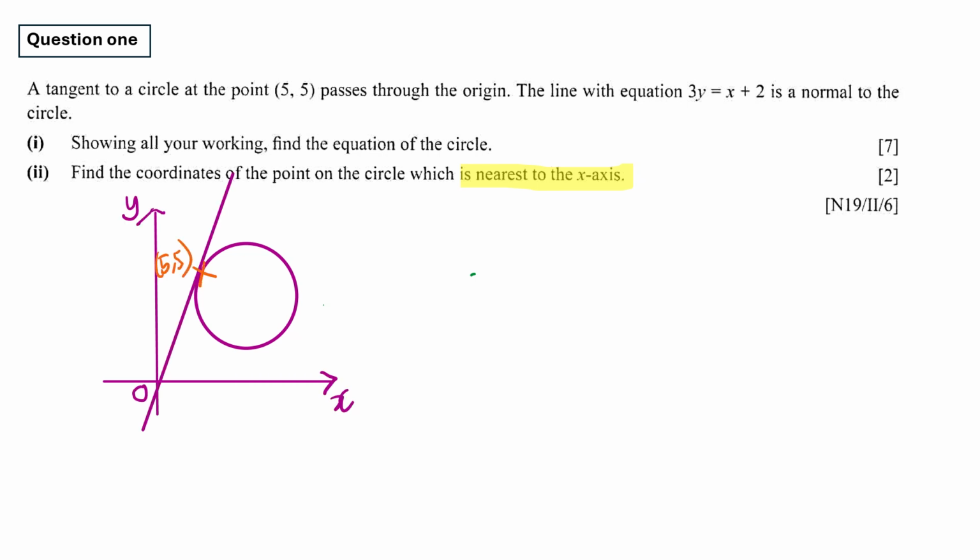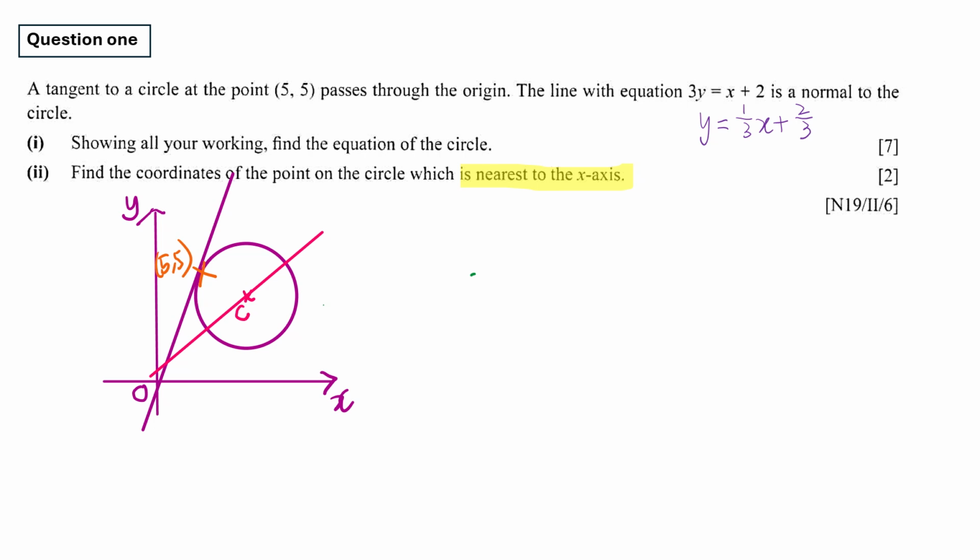So we have a circle, we have a tangent line that passes through the point (5, 5) and the origin, and we're going to label the center of the circle point C. And then the normal line, 3y = x + 2, can be rewritten as y = 1/3 x + 2/3. So remember that all normal lines will pass through the center of the circle. Therefore, 3y = x + 2 will pass through point C.